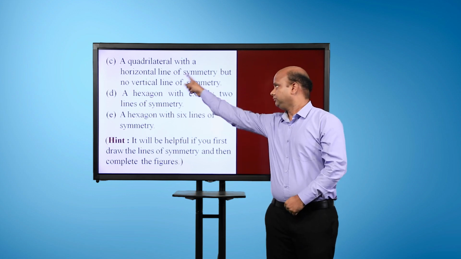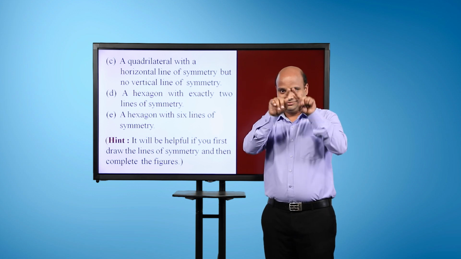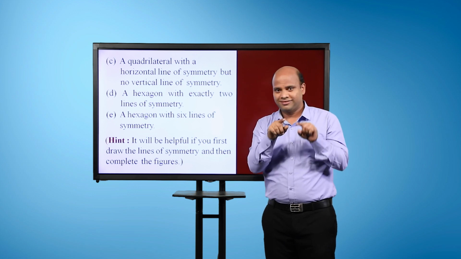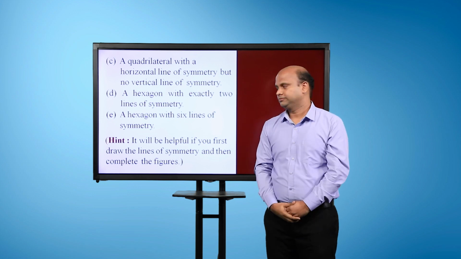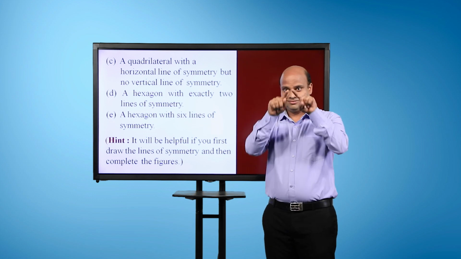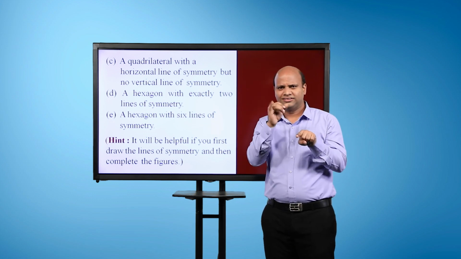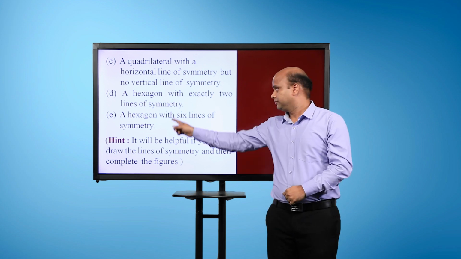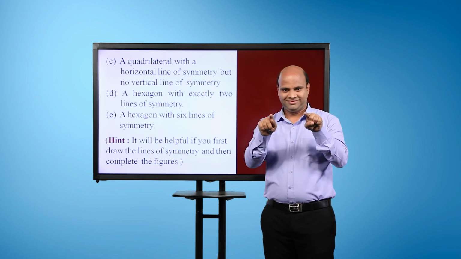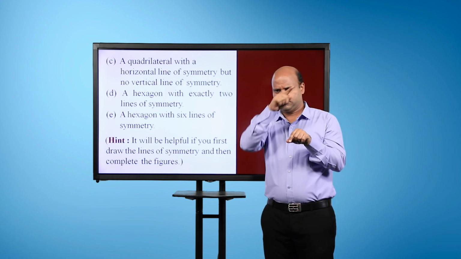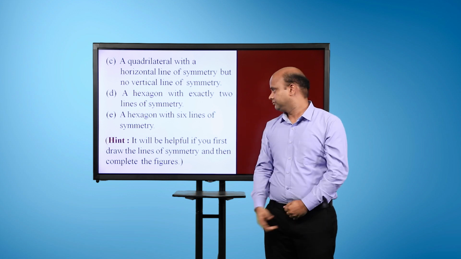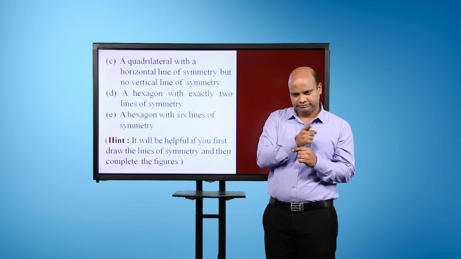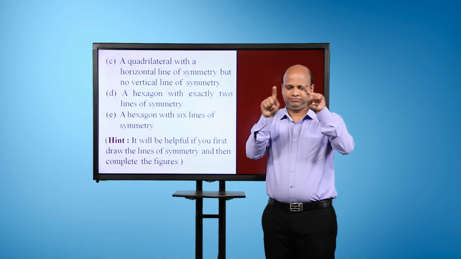C. A quadrilateral with a horizontal line of symmetry but no vertical line of symmetry. D. A hexagon with exactly 2 lines of symmetry. E. A hexagon with 6 lines of symmetry. Hint: it will be helpful if you first draw the lines of symmetry and then complete the figures.